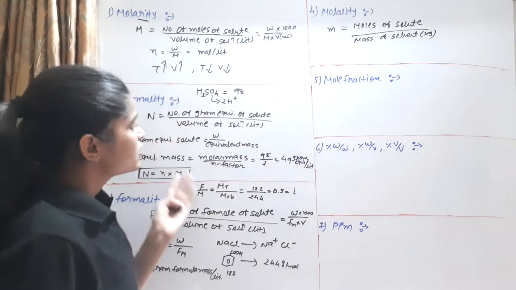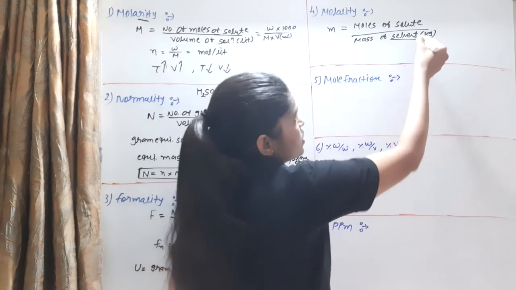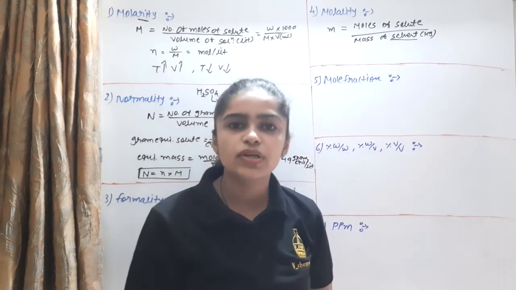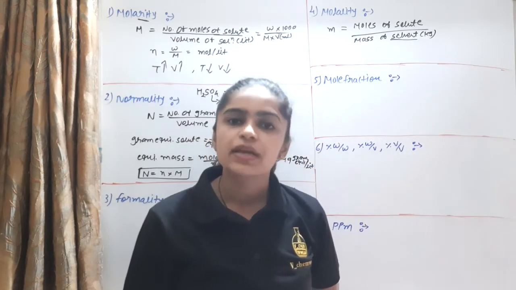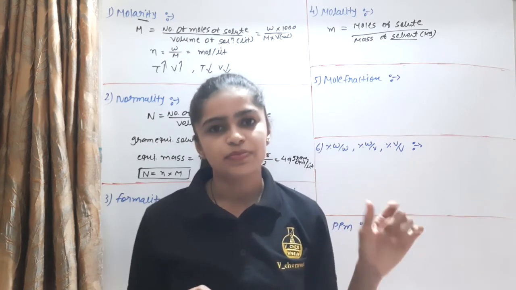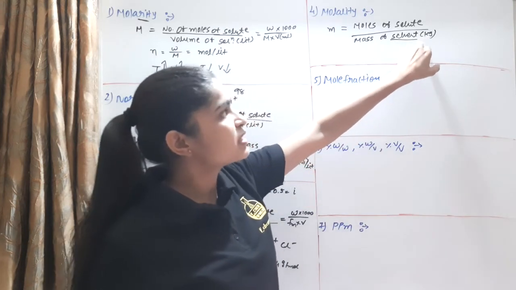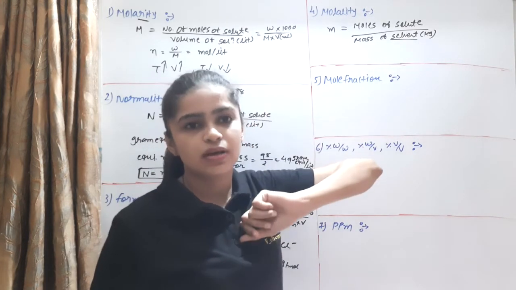In the other three, we use solution, but in the molality, solvent is used. We know that solution is equal to solute plus solvent. So to find the solvent, solution minus solute gives the solvent. This is in kilogram. When given in gram, it's multiplied with 1000.